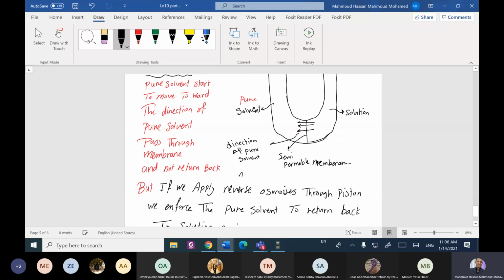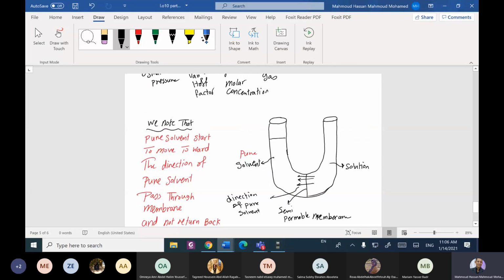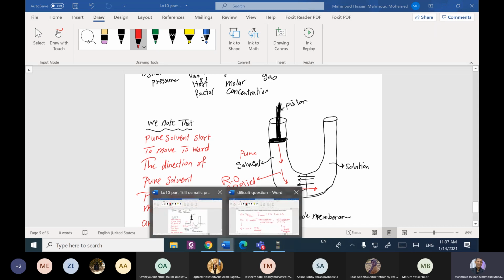In this case, we act with a piston on the liquid, forcing it to return back in the other direction. This is reverse osmosis applied. Okay, for the problems of reverse osmosis, let's take an example of the problems that come in this case.